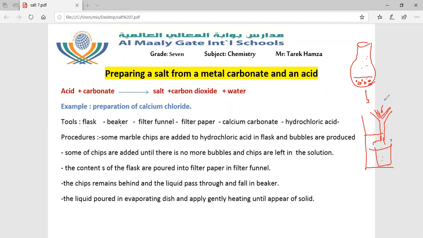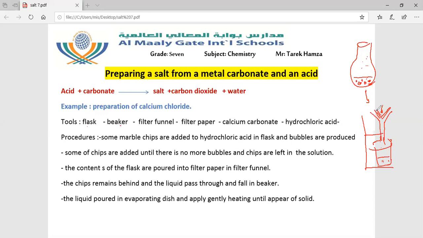Our content here, observation: there is a liquid dropping from the filter funnel to the beaker, and there is residue trapped on the filter paper. This is the excess of marble chips.